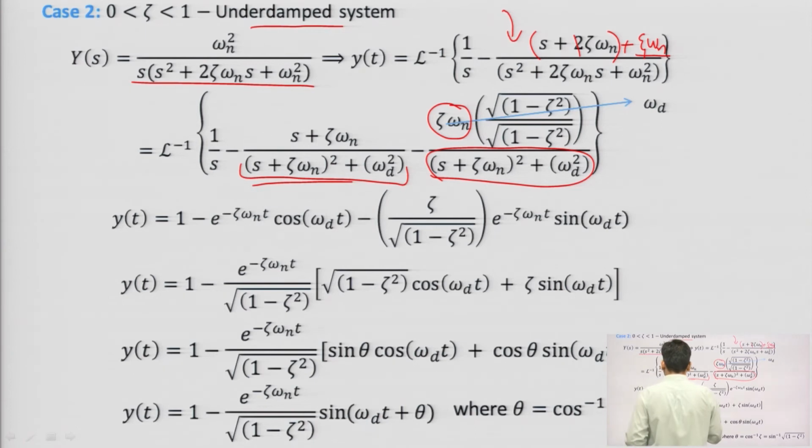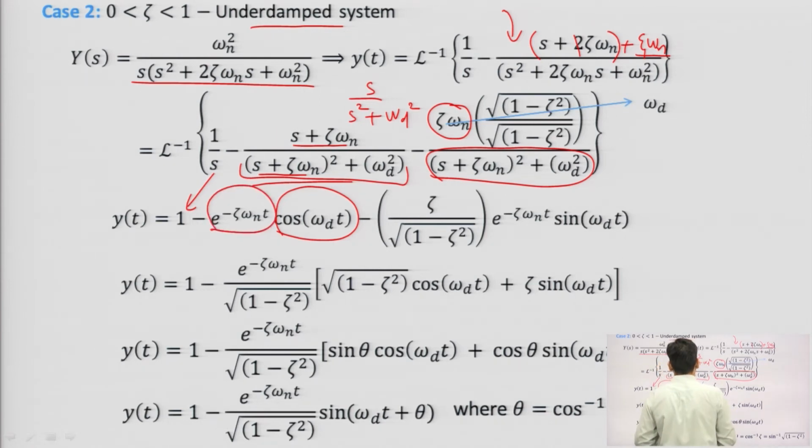What I am doing here basically: 1 over s, Laplace inverse is 1. Then it is s over s square plus omega d square. If you take the Laplace inverse, you will get cos of omega d t, but here with the s term, s plus zeta omega n is coming. So, you will get an exponential term of minus zeta omega n t, right.